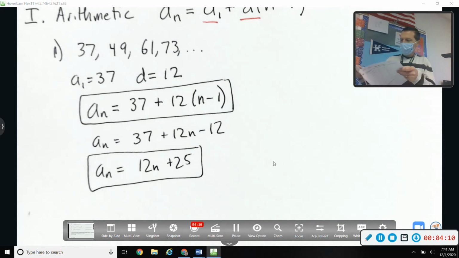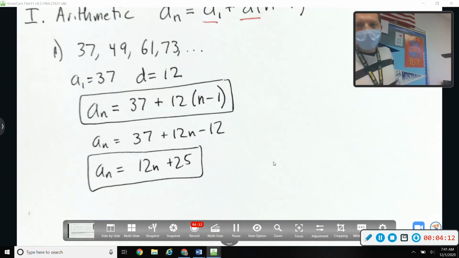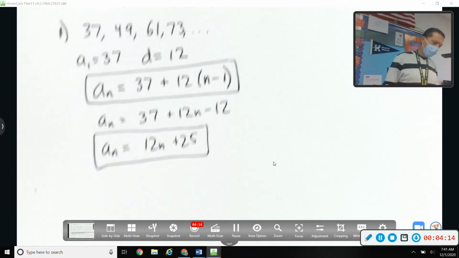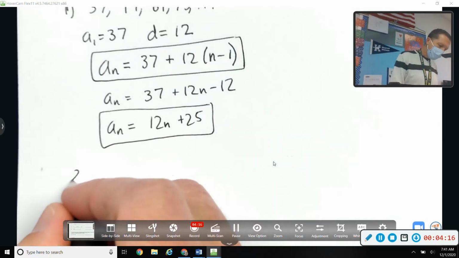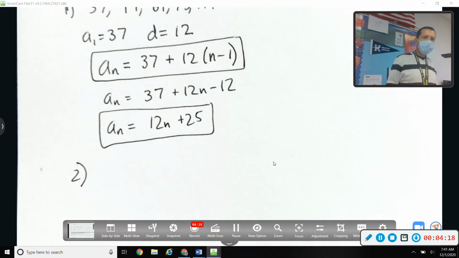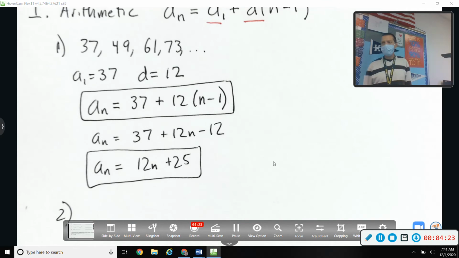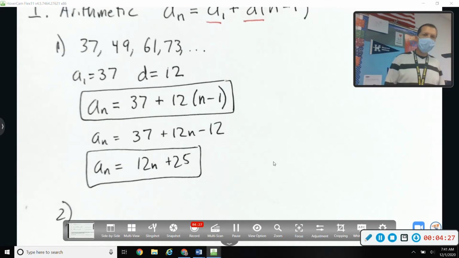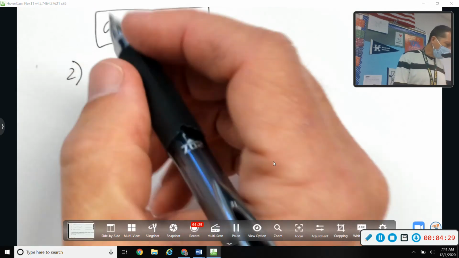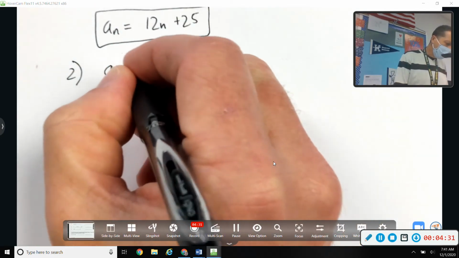So you can check it either way when you're looking at the key. All right, so that's pretty straightforward, because you can read off A1 and figure out D pretty easily, and then plug them into the equation. We can try to get it a little bit trickier if we don't give you A1.